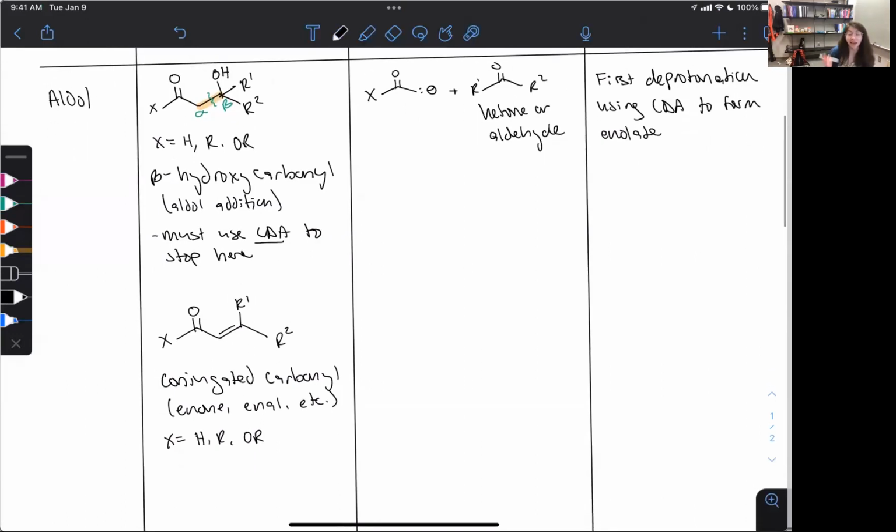If you want to get straight to this conjugated carbonyl, you can use any of the oxygen bases, so OH minus or OR minus.